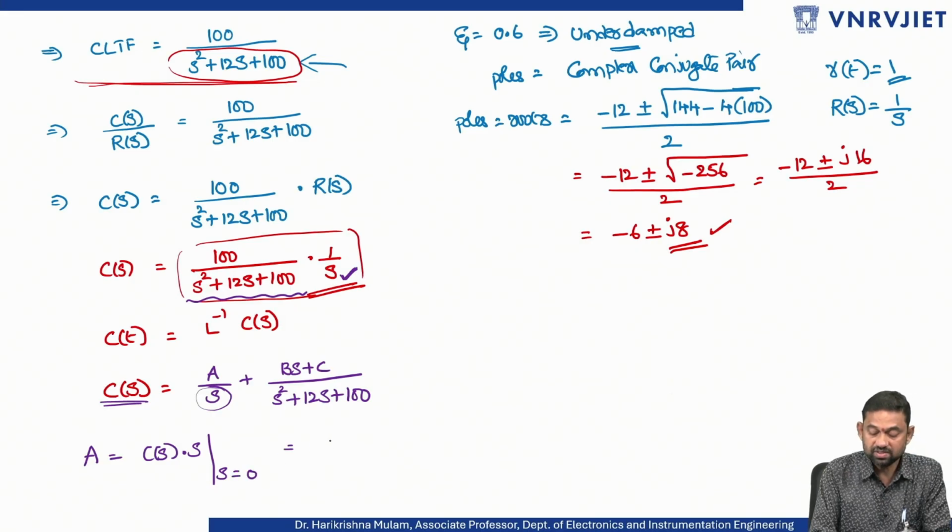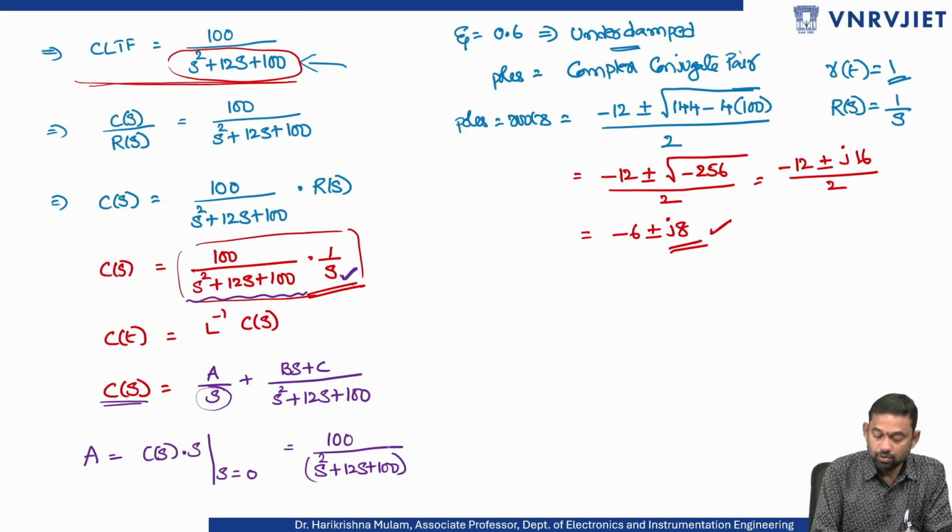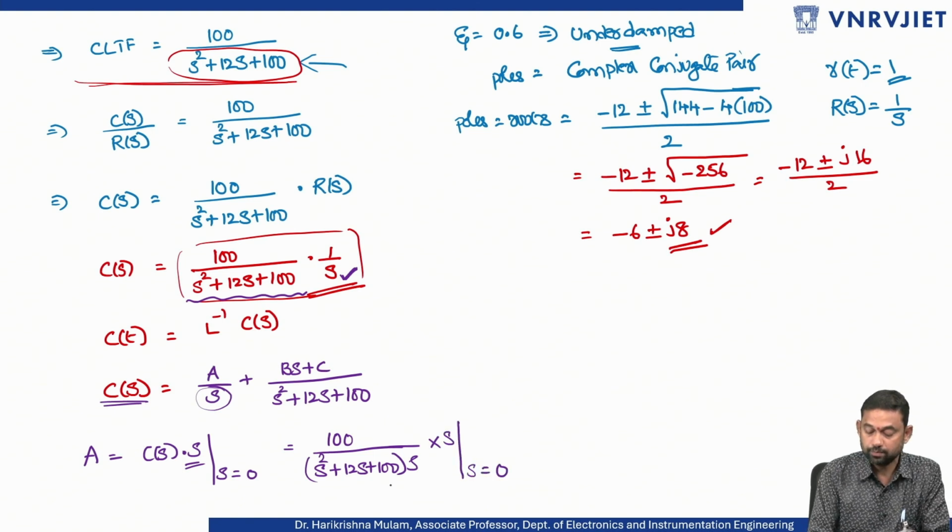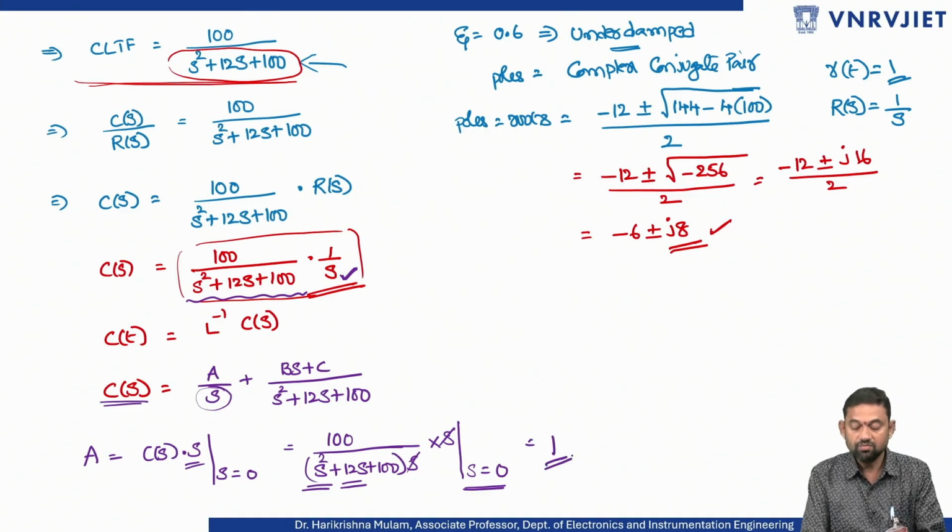Therefore, c of s is 100 by s square plus 12s plus 100 into 1 by s into this s, when s is equal to 0. This s gets cancelled, and if you substitute s is equal to 0, this will become 0, this will become 0, 100 by 100, it will be 1. The value of a is equal to 1.